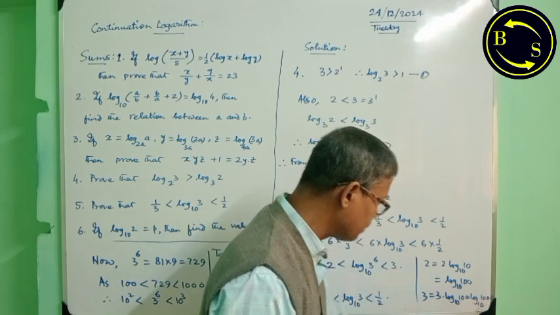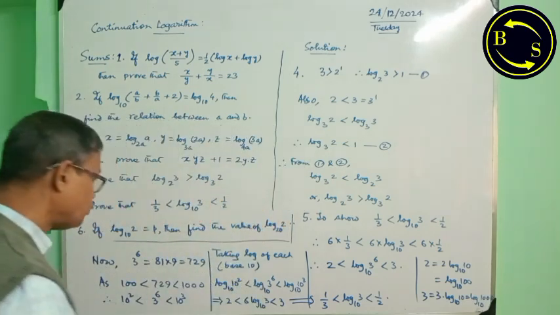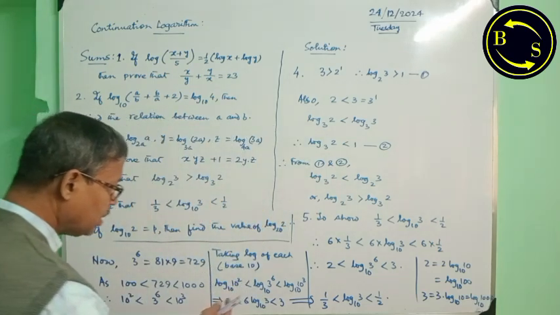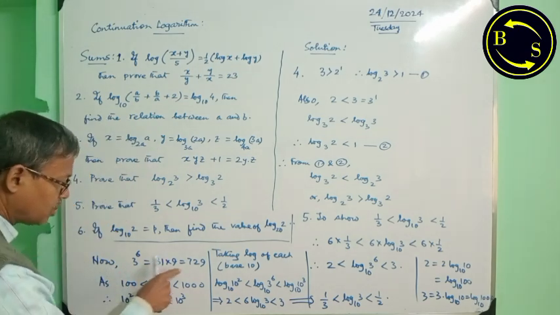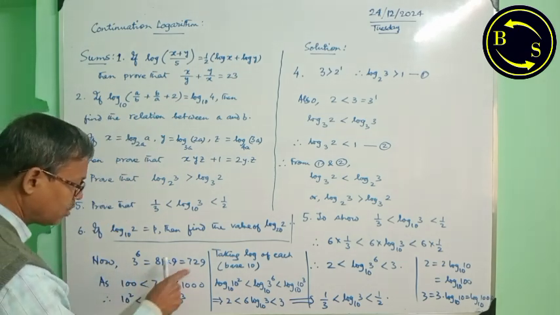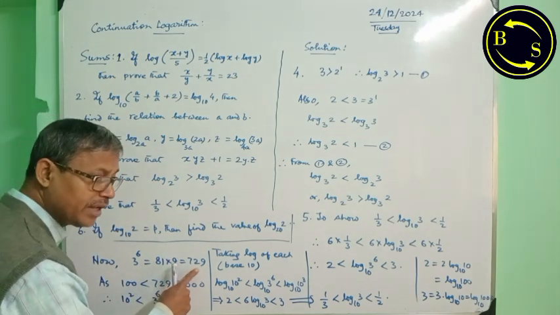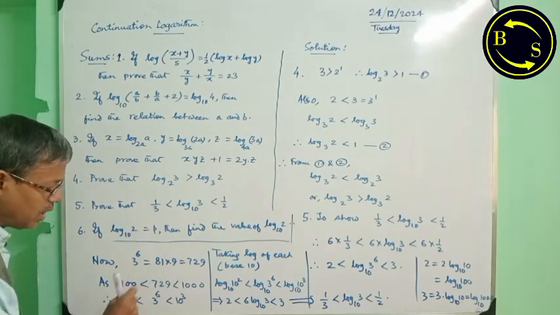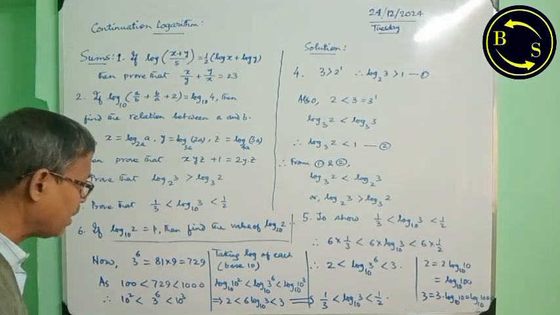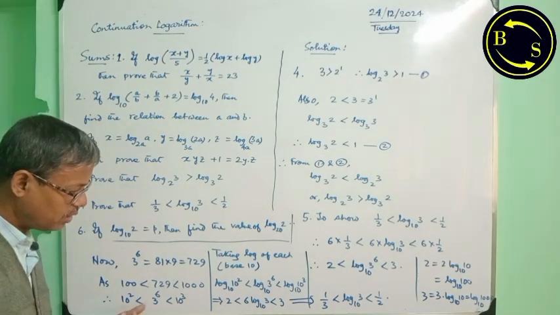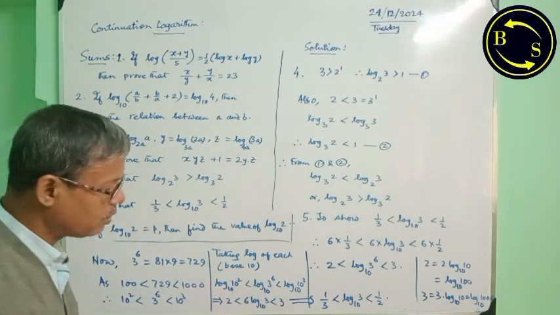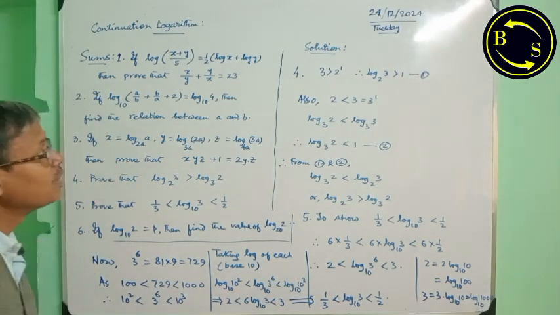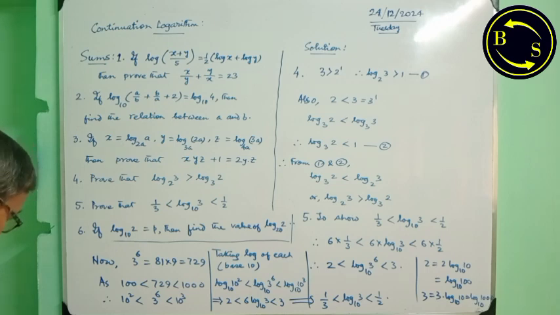This is 1000. Now, 3 to the power 6 is there. On calculation, we get 3 to the power 6 is equal to 729. Now, 729 lies in between 100 and 1000. Therefore, we follow this way. Thus, sum number 4 is solved.